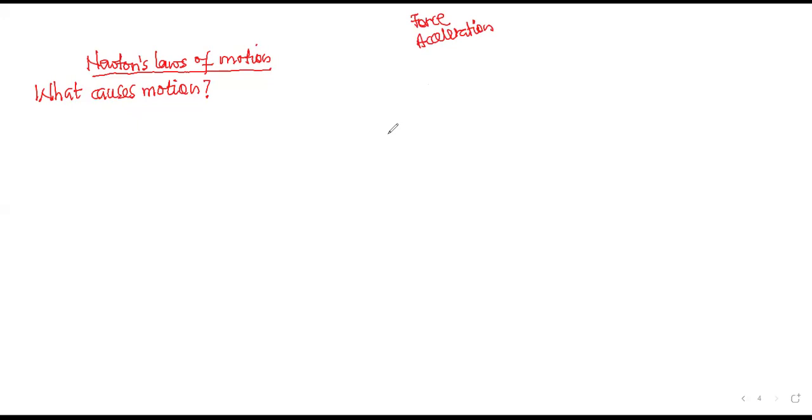Okay, so way back, scientists were looking at what is actually responsible for the motion of a body. The most renowned scientist was Aristotle.